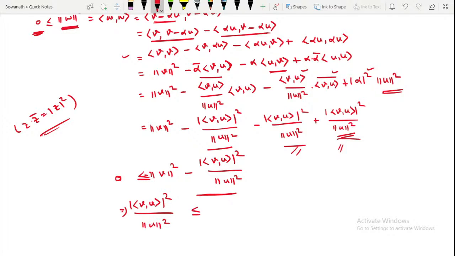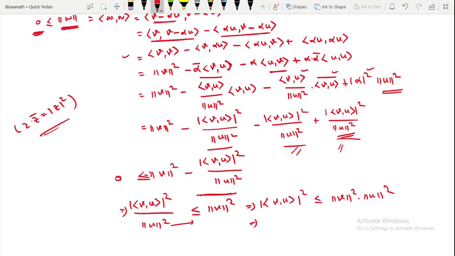This thing is less than norm v square. So you can take this to the right hand side. So this will be the modulus square of the inner product of v comma u, which is less than norm v square into norm u square.